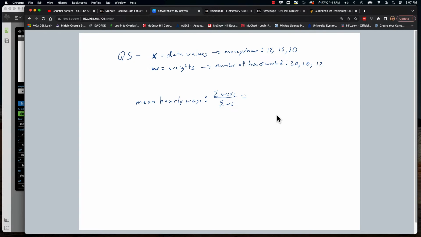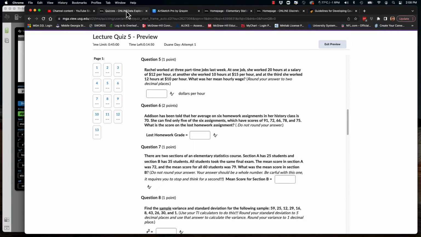If I do this correctly, I'm going to take the weights, which are the number of hours worked, so 20 hours at $12 per hour, plus 10 hours at $15 per hour, plus 12 at $10 per hour, and I'm going to double check myself to make sure that was correct. 20 goes with the 12, 10 with the 15, and 12 with the 10, so we're good there.